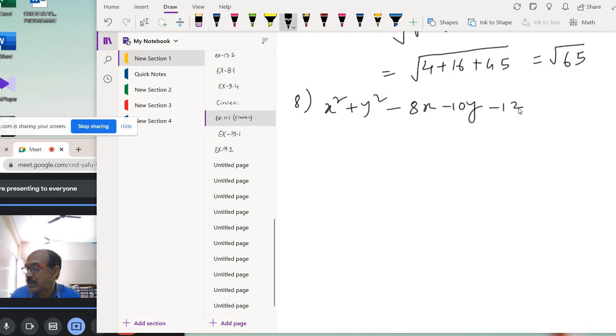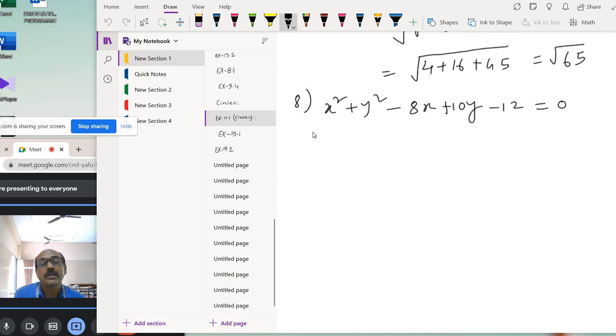X square plus y square minus 8x plus 10y minus 12 equal to 0. Now the question is correct.